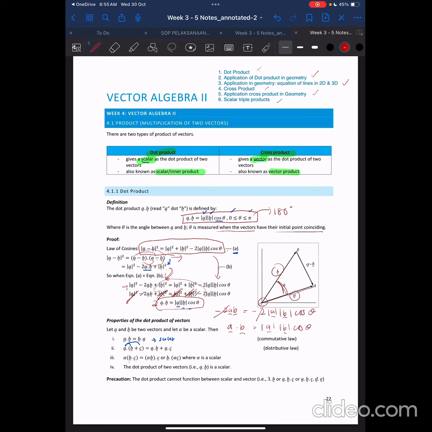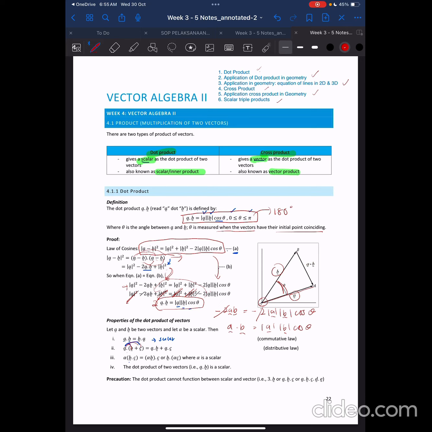And a property of the dot product of vectors is that a dot b is equivalent to b dot a, because it only gives you a scalar. The multiplication of vectors is also distributive, like the vector a multiplied with another vector b plus c, so you just multiply a with b, a with c, and so on.